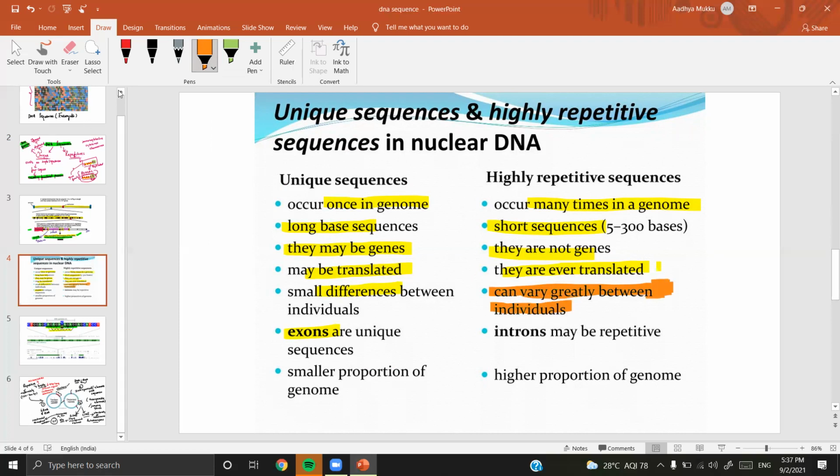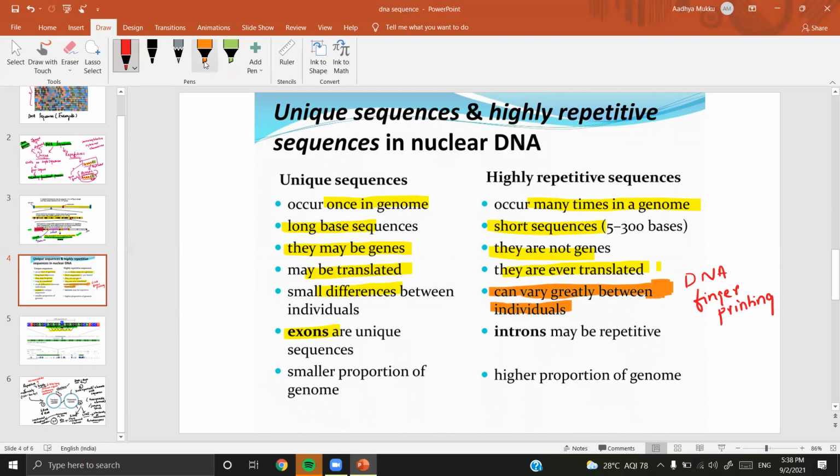So why can't we use this as a prime tool in DNA fingerprinting? In forensic medicine and DNA profiling, since the highly repetitive sequences are very different in two individuals, we can use them as prime markers for DNA profiling.